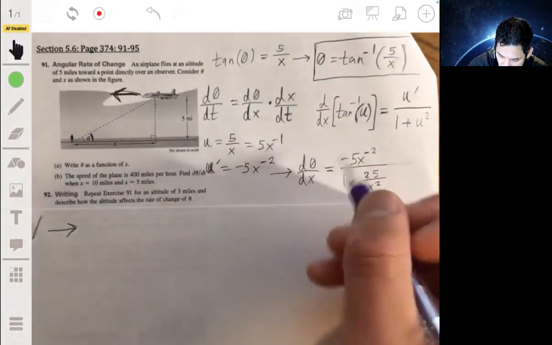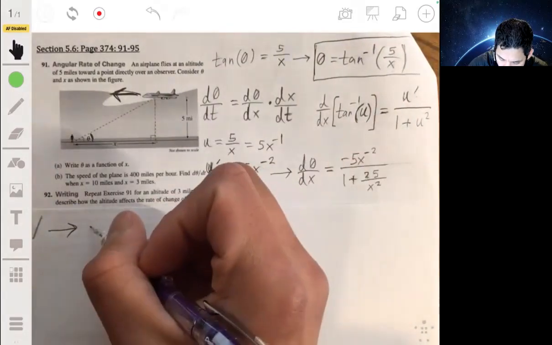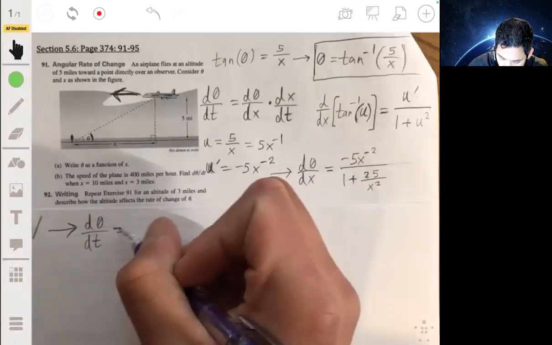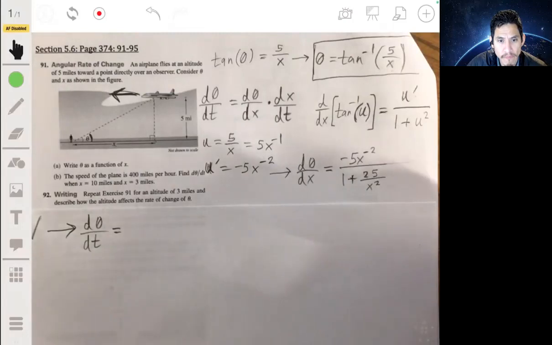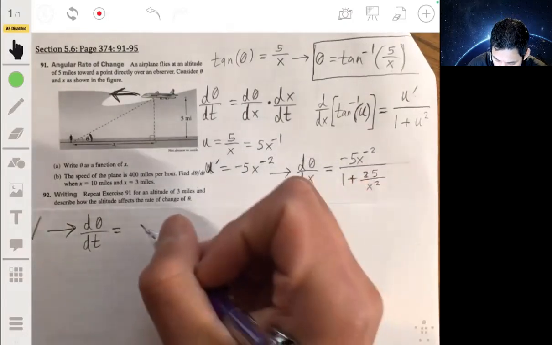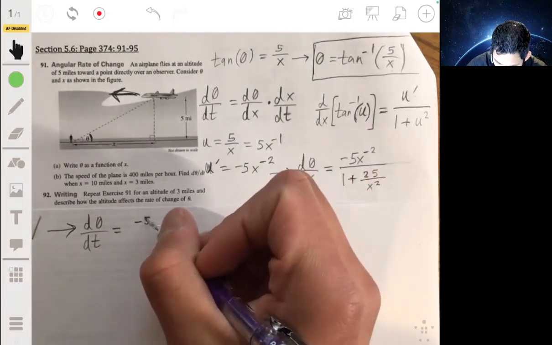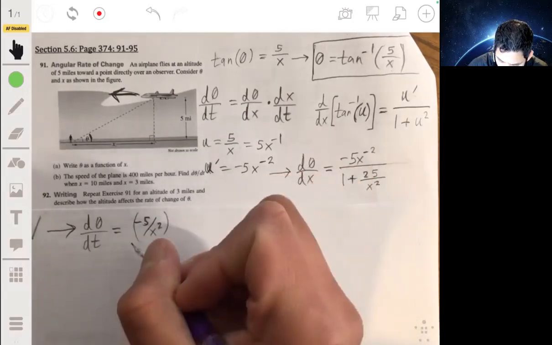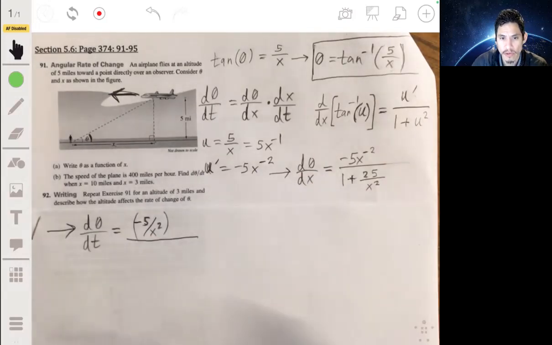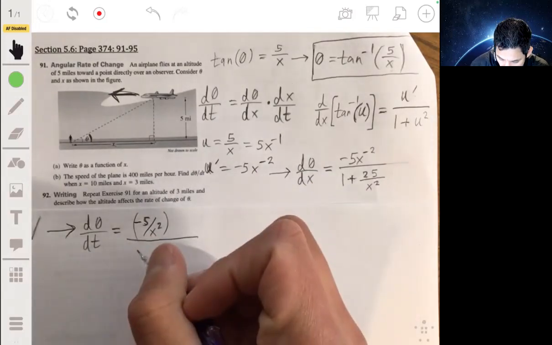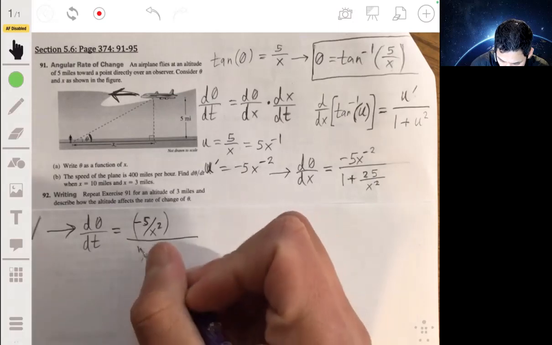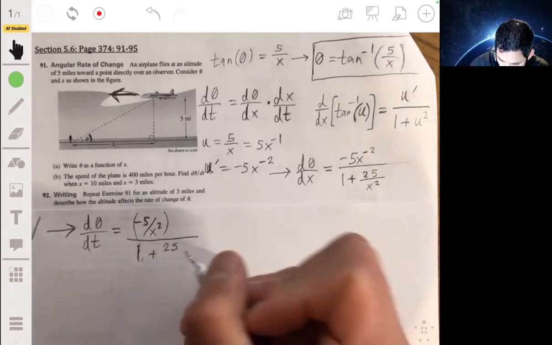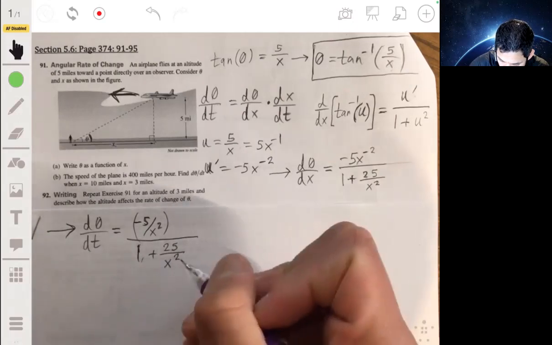So let's go ahead and work this out. Let's put it all together. So d theta dt will be -5 over x squared, all over 1 plus 25 over x squared.